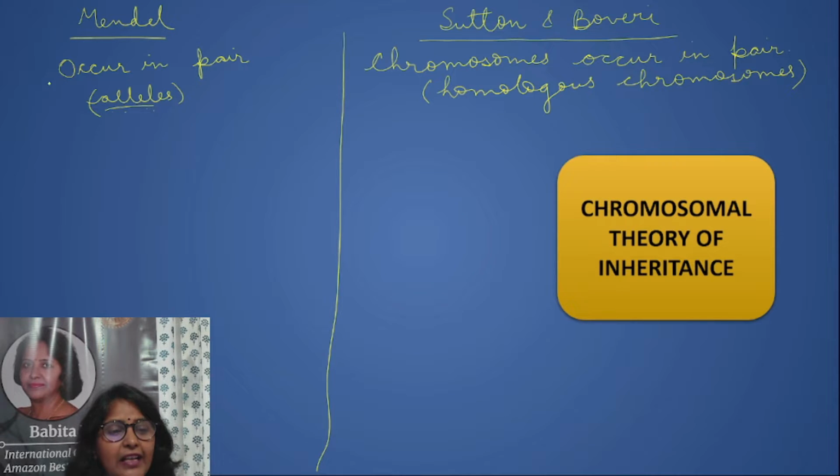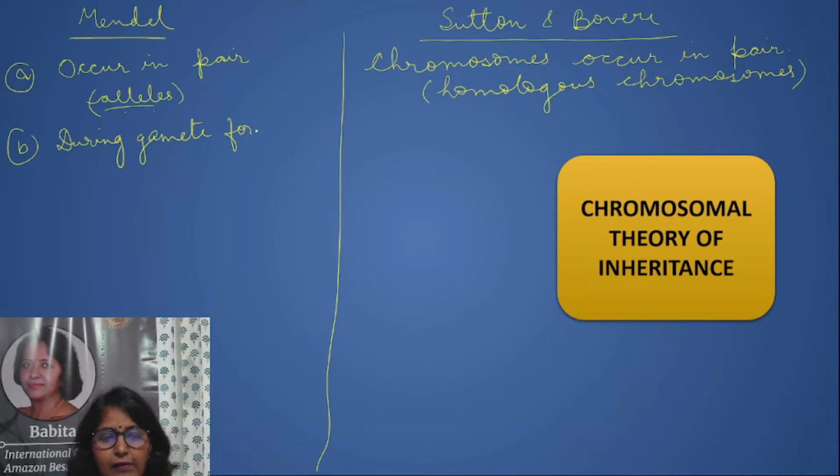Another thing that Mendel said, which is what the law of segregation is based on, is that during gamete formation the alleles of a gene separate out or segregate.